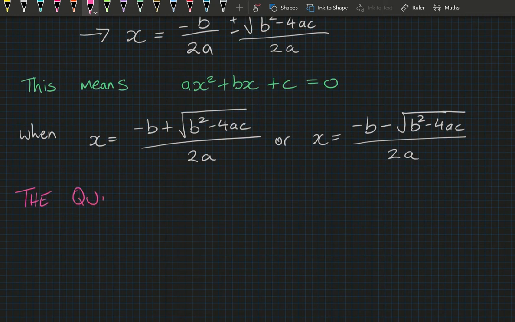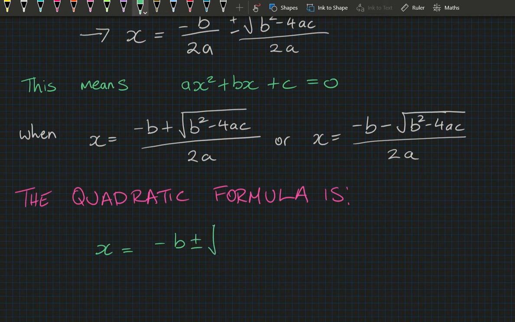And so the quadratic formula is x equals minus b plus or minus the square root of b squared minus 4ac all divided by 2a. Take a second to absorb that. This is an ancient and famous formula. You should feel privileged that it has been passed down from generation to generation, and it's now your responsibility to carry this into the future.